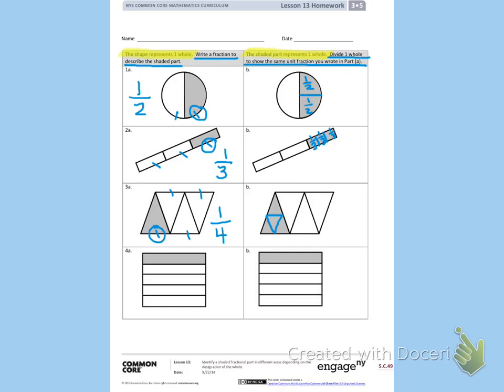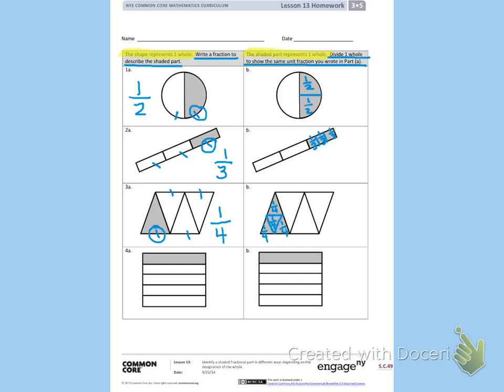Now, you can see that this part is 1/4, this part is 1/4, this part is 1/4, and this part is 1/4. There are 4 equal pieces in the shaded section alone.